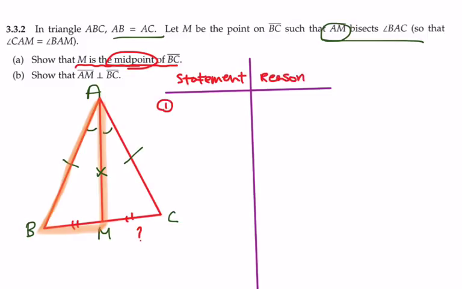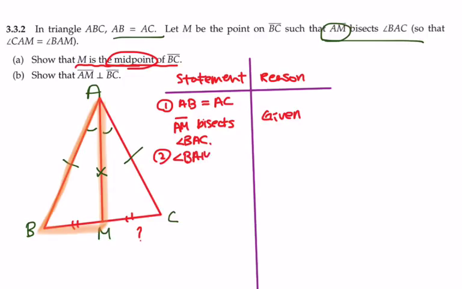All right, first we're going to write down the givens. As we write down the givens, let's go back to the earlier one. So here we get angle BAM is congruent to angle CAM. Why?